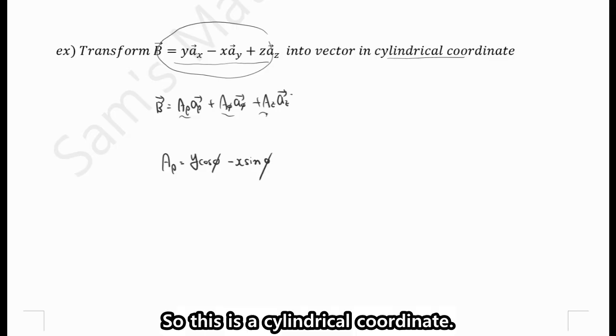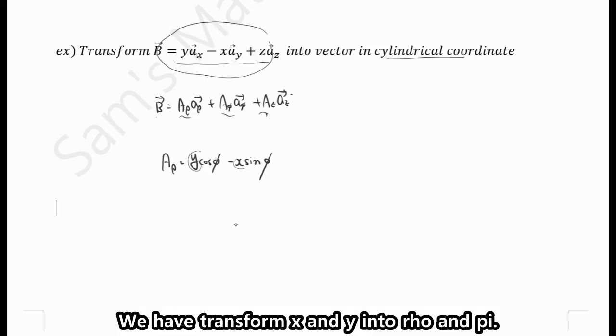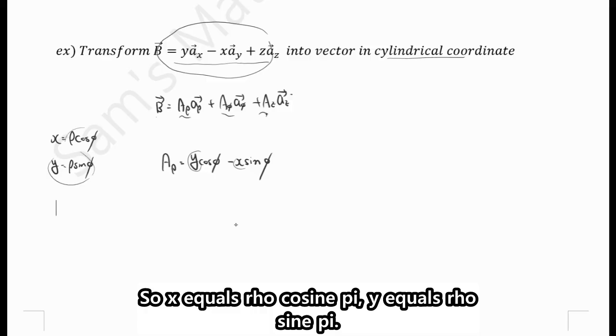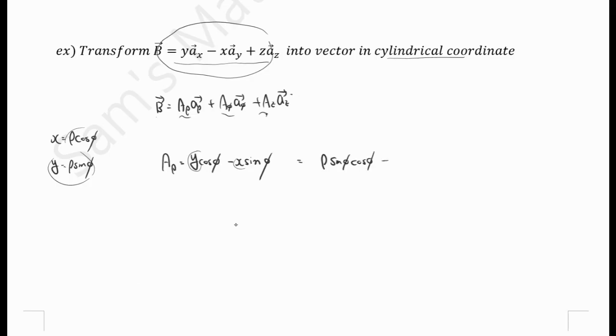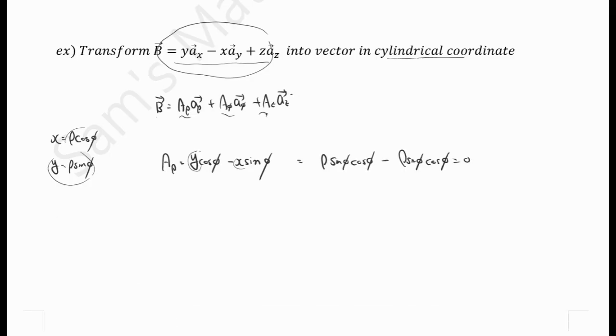So this is a cylindrical coordinate. x and y don't exist. We have to transform x and y into ρ and φ. So x equals ρ cosine φ, y equals ρ sine φ. Substitute these values in Aρ. This is ρ sine φ cosine φ minus ρ sine φ cosine φ equals 0.